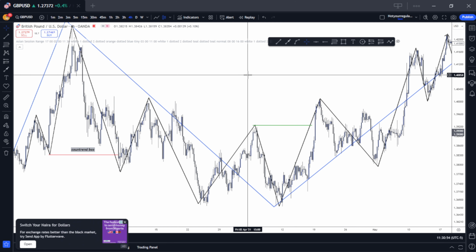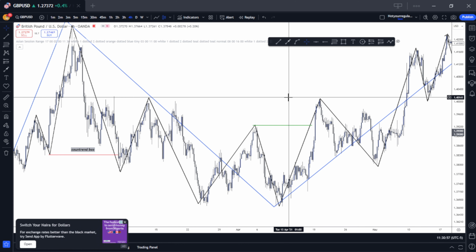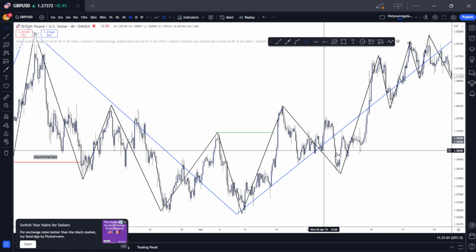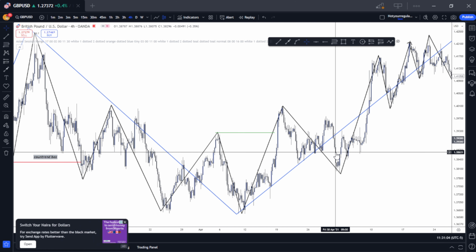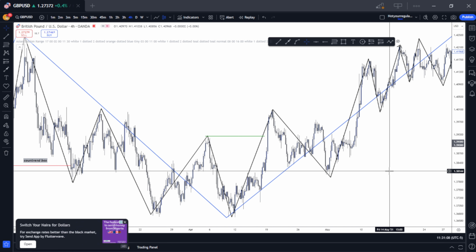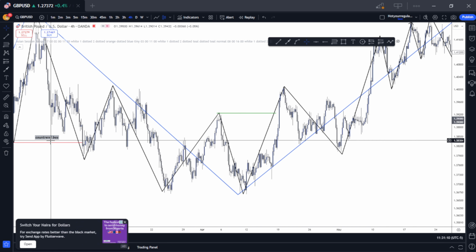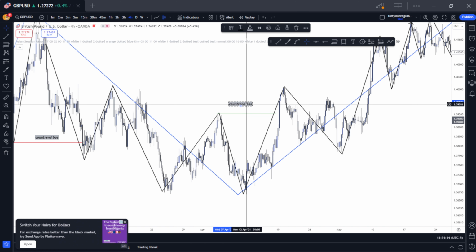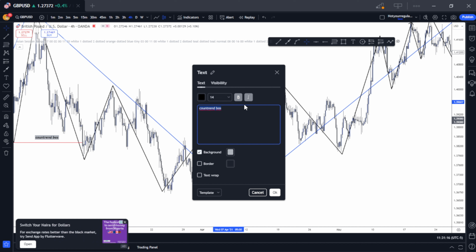Our pro-trend BOS on our internal structure signifies a resumption of the higher time frame trend, or higher time frame structure. So this is our counter trend BOS. This is our pro-trend BOS.